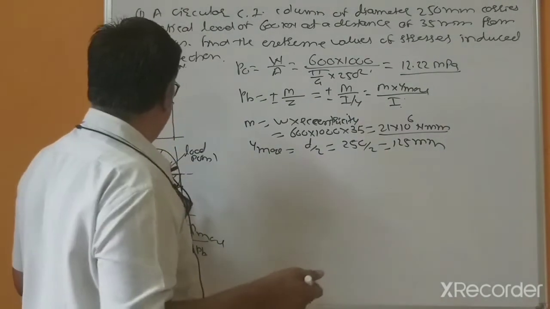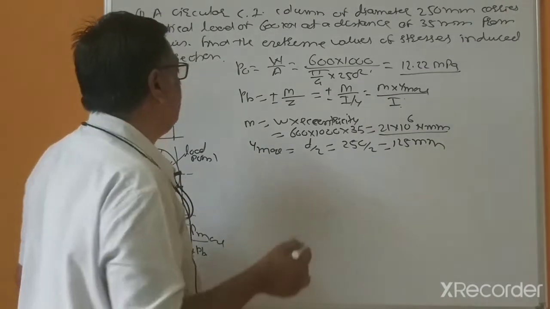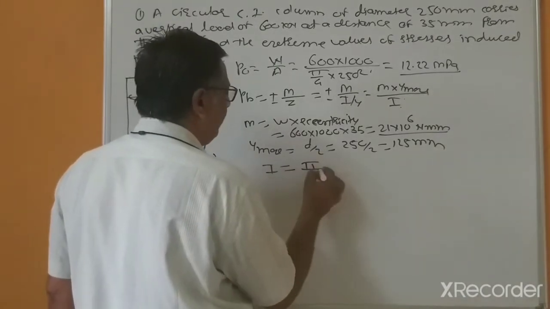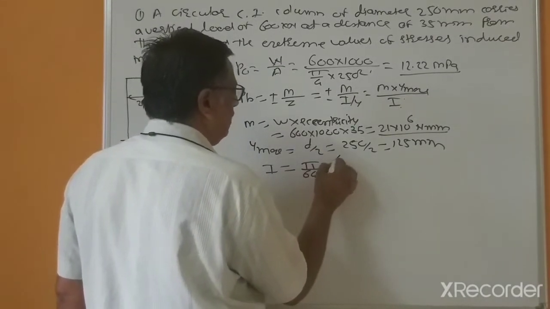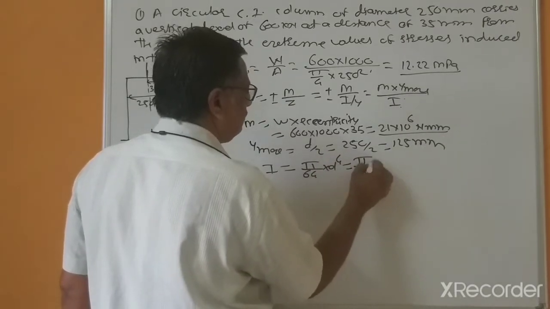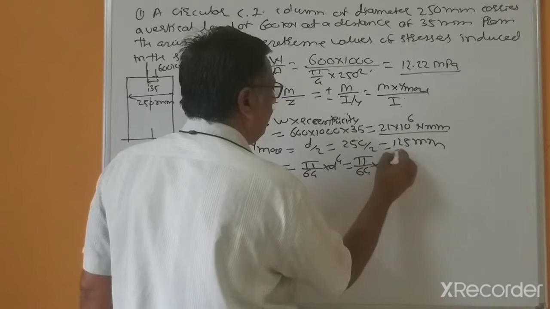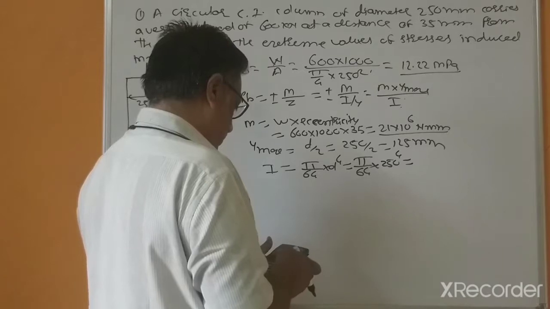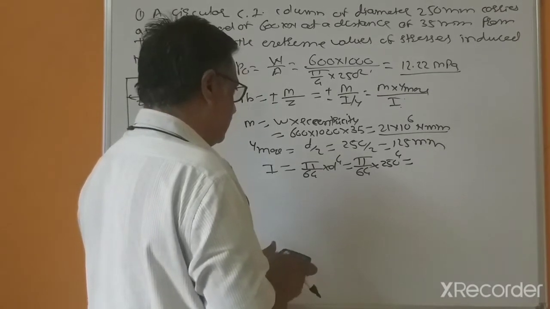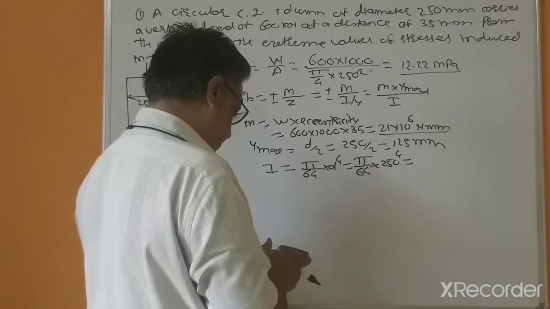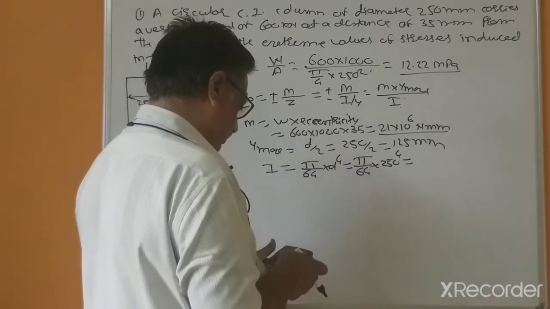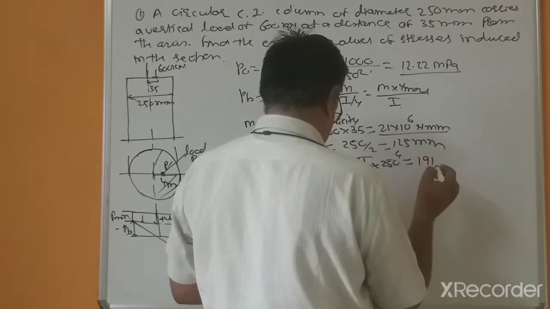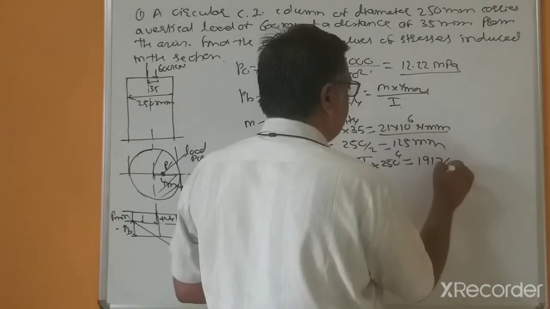Moment of inertia, because this is circular, equals pi by 64 d raised to 4, with d equal to 250, which gives 191,747 and so on.